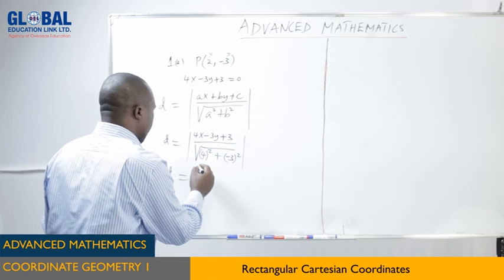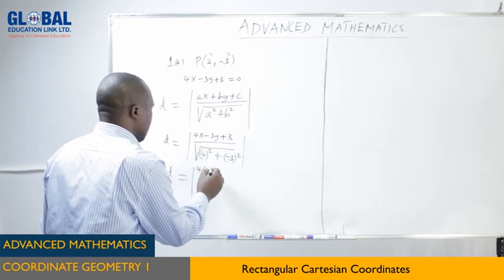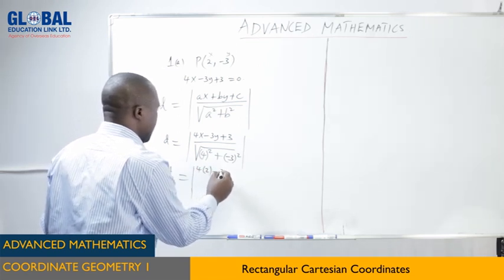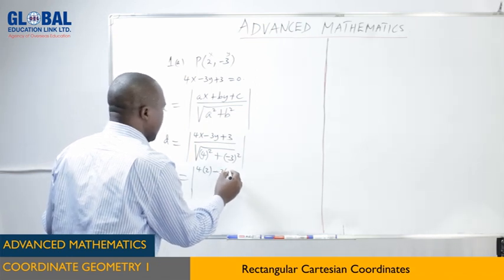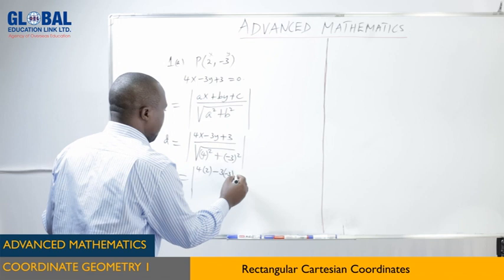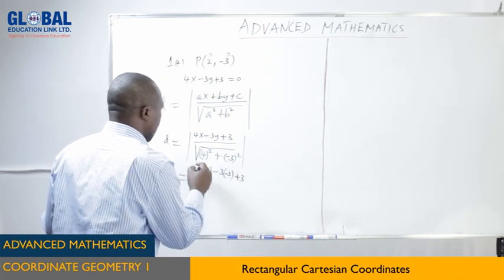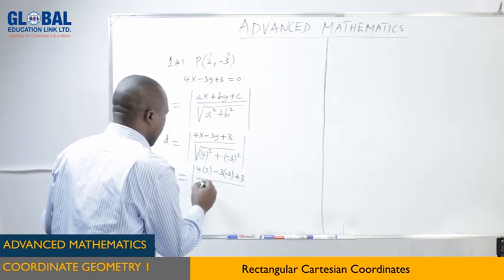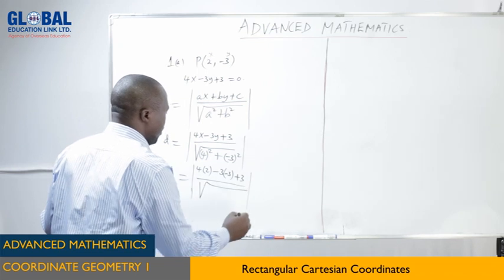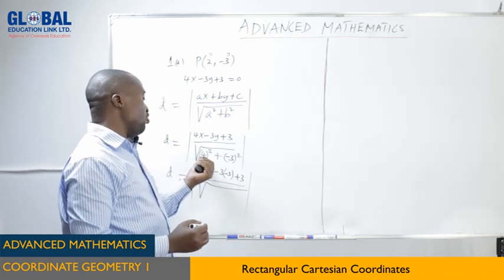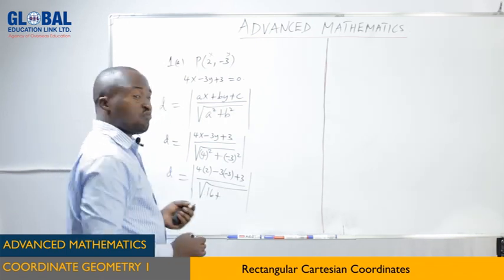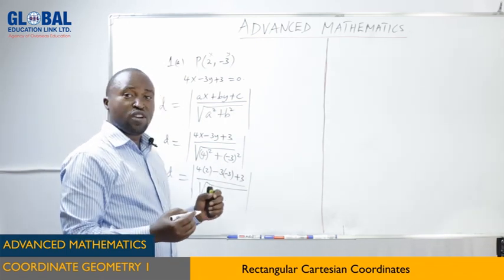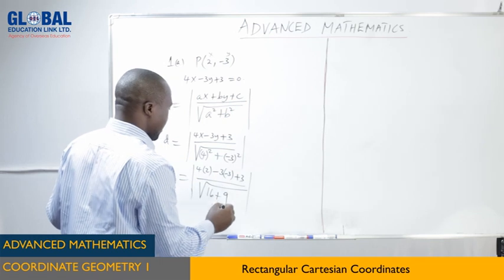So we are going to have 4 times 2 minus 3 times the value of y, which is -3, then plus 3. So this one over the square root of, now remember here we have 4 squared, which is equal to 16. Then plus, we have -3 squared, that is 9.